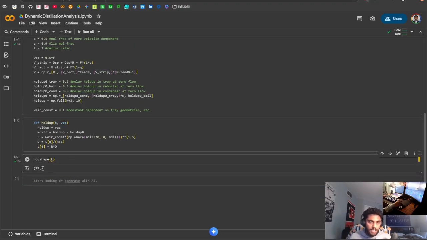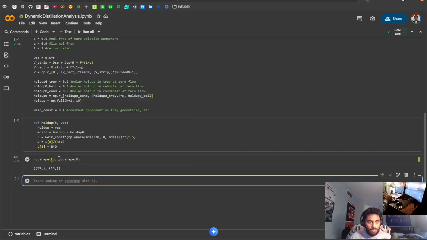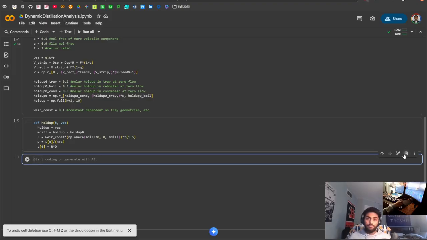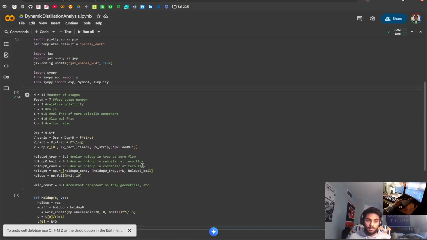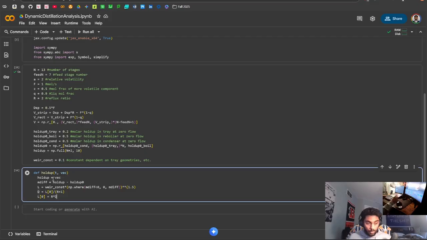So we have a 15, and then if we do the shape of our V, also 15. So we have now 2 arrays of the same shape that define our liquid flow rates and our vapor flow rates within our distillation column. So now we could actually go ahead and start finding our molar differentials for each of those stages to be able to simulate over time what that holdup looks like.